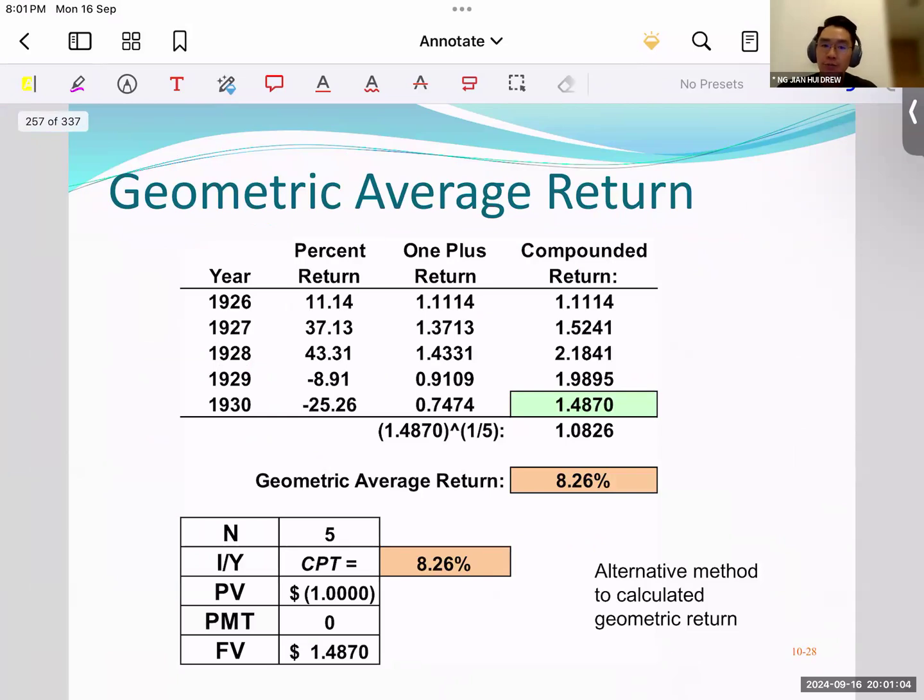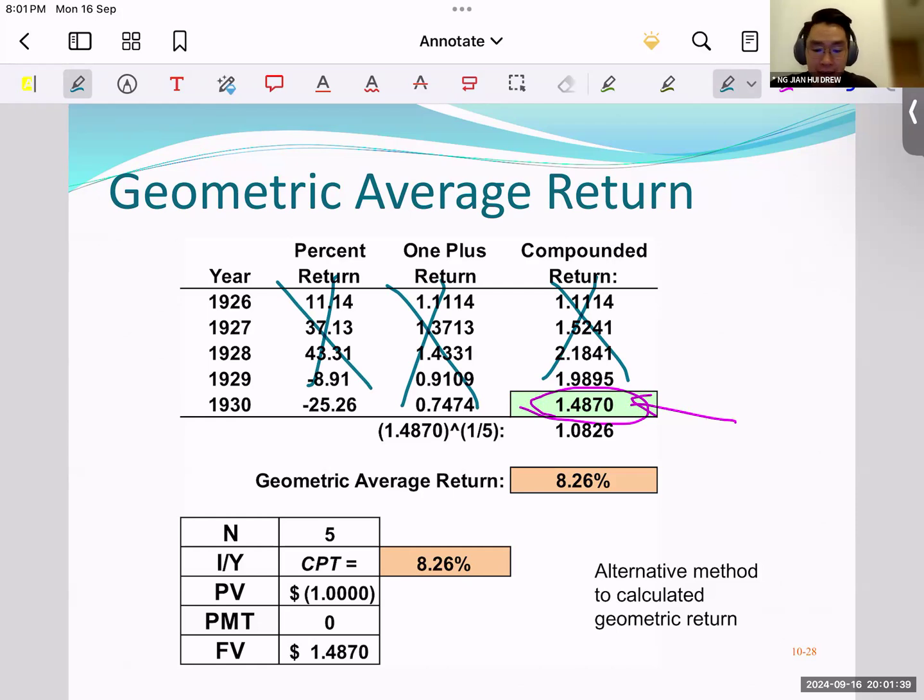Because geometric return uses the concept of compounding, a good way to calculate your geometric return, if you are given the value at the end of the year, the compounded return at the end, is actually time value of money, like what we covered last lecture. If I'm given this final value, I do not know all these returns, they are not given to me. I tell you that the compounded return at year 5 is 1.4870.